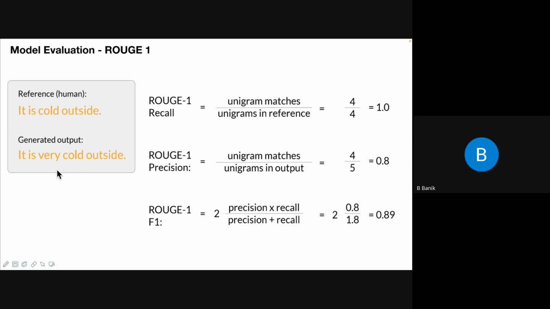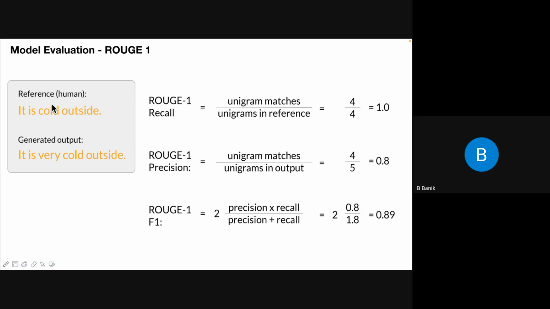Look at the unigram matches. The human reference and the generated output both have 4 words, but from the output perspective it has one extra word.